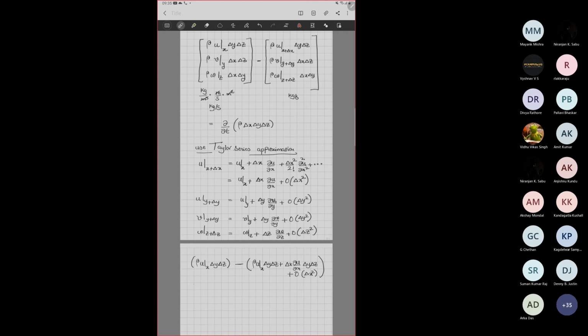Similarly, the other term: rho v calculated at y, delta x delta z, minus rho v calculated at y plus delta y multiplied by del v by del y, delta y, delta x delta z.